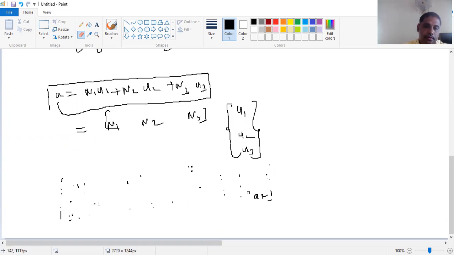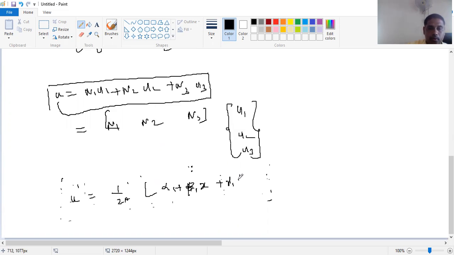So we need to convert this into the generic form N1 U1 plus N2 U2 plus N3 U3 like this. If you convert this, you can write it as a simple term: U is equal to 1 by 2A into alpha 1 plus beta 1 x plus gamma 1 y.